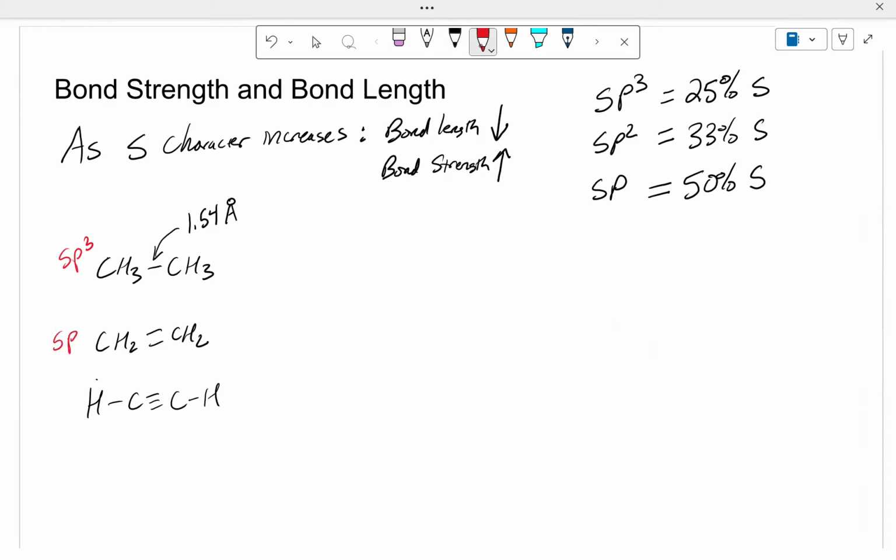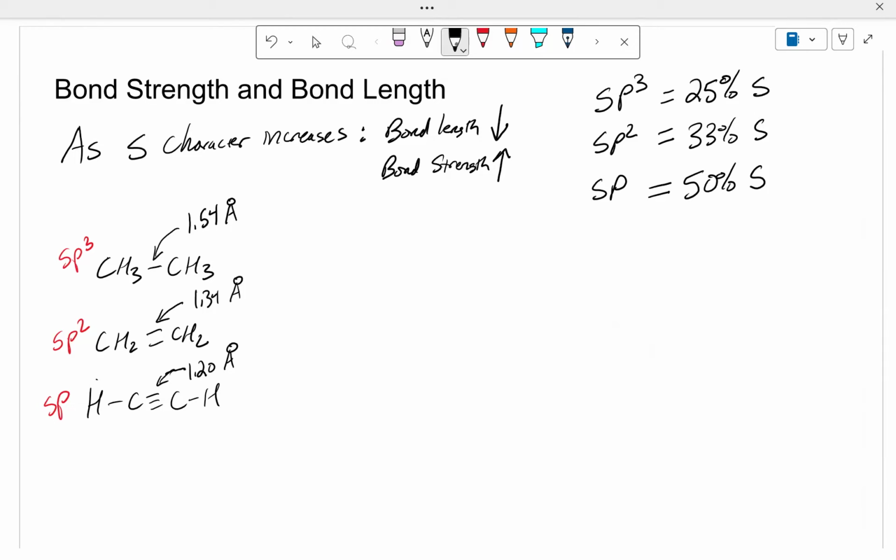In a bond between sp2 hybridized carbons, the bond length is about 1.3 angstroms. And then in sp, the bond length is about 1.2 angstroms. Again, it's not the numbers that are important, it's the trend. As S character increases, the bond length goes down.